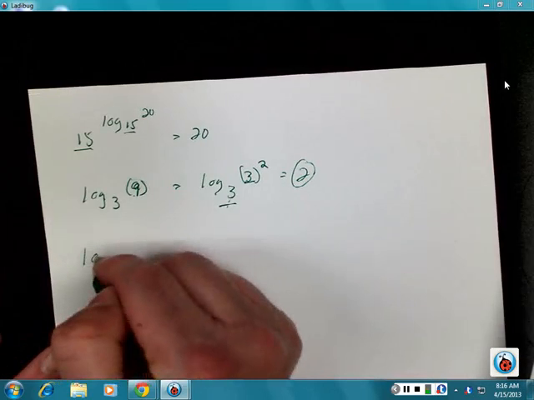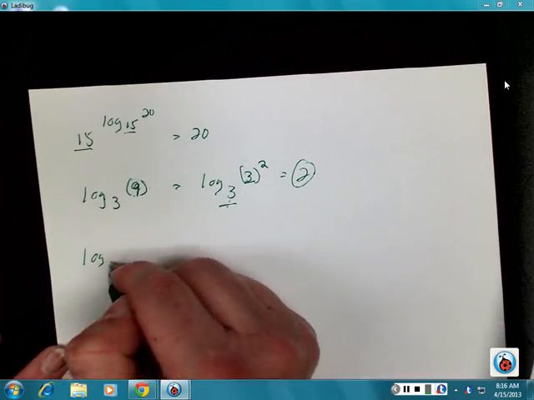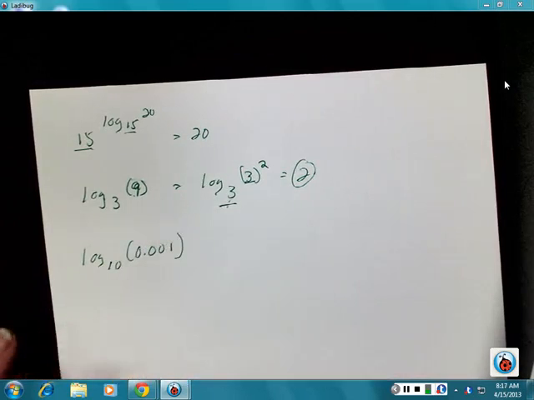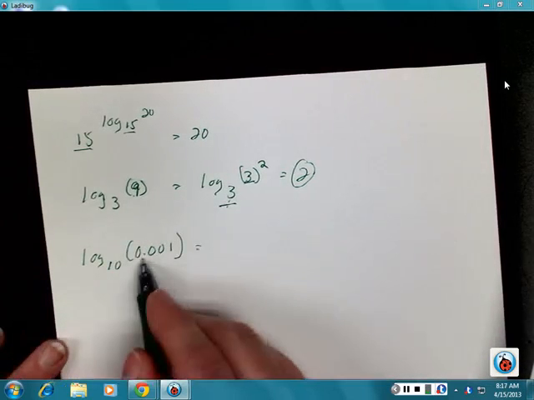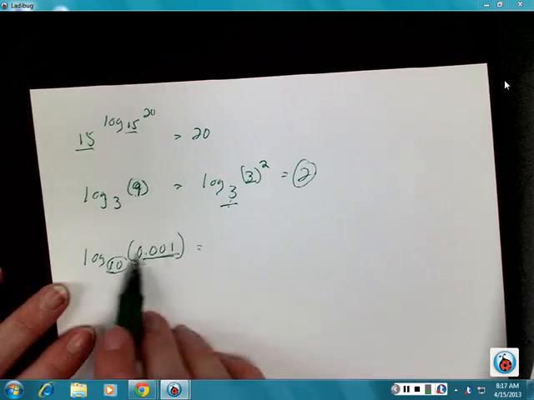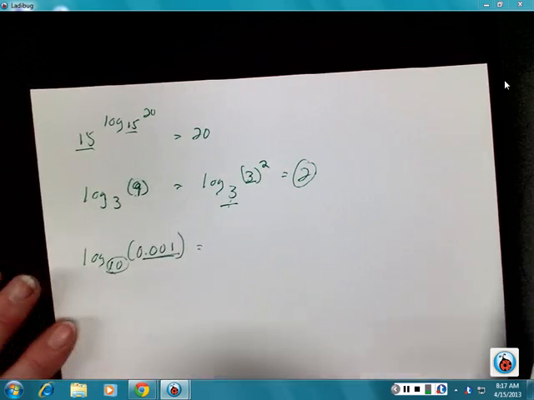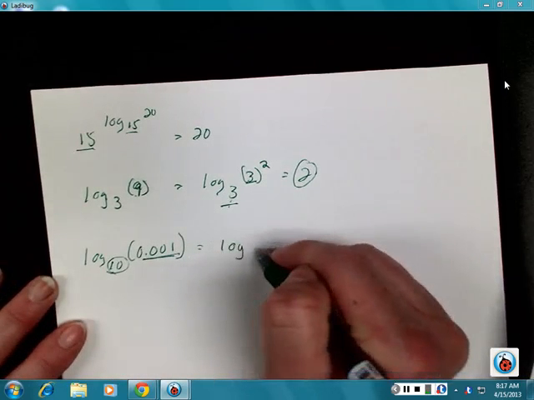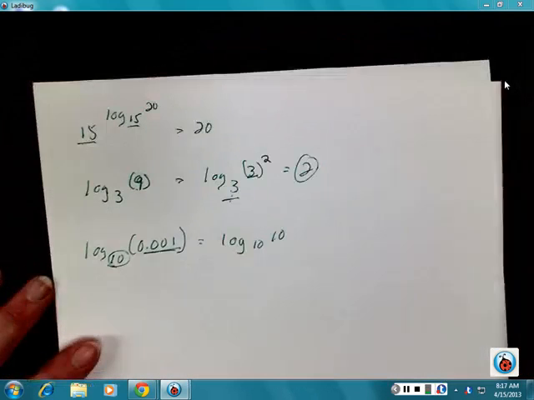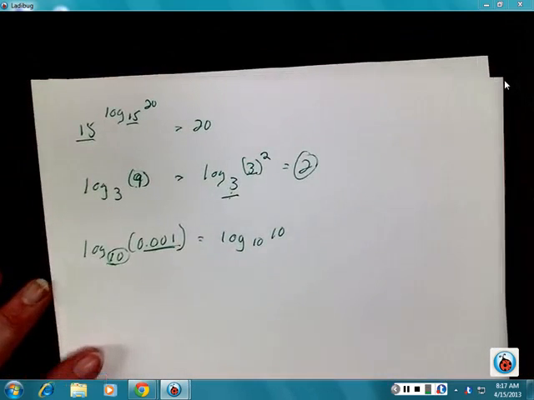Another one might be log_10 with 0.001 after it. This piece that's in here is a base 10 number, meaning that my base in my logarithm is 10. This whole thing up here, if I put it in terms of a base 10, what would be its exponent on that?